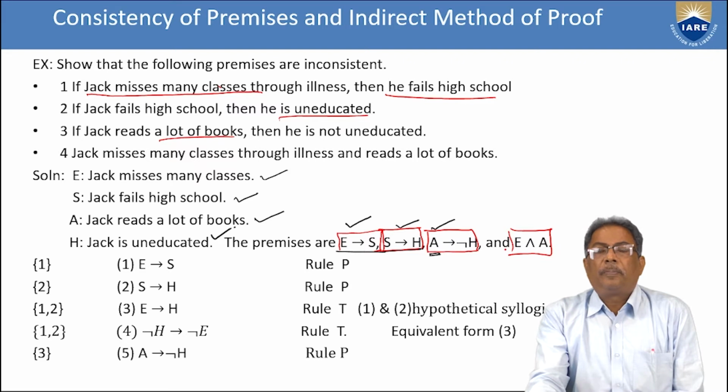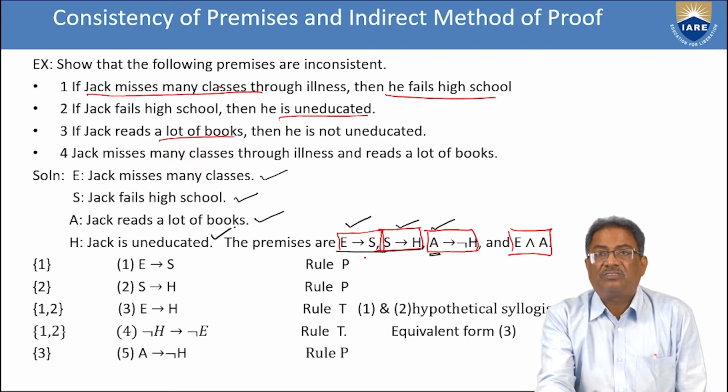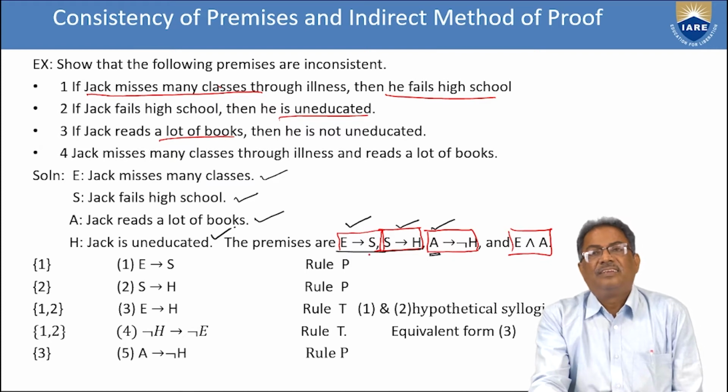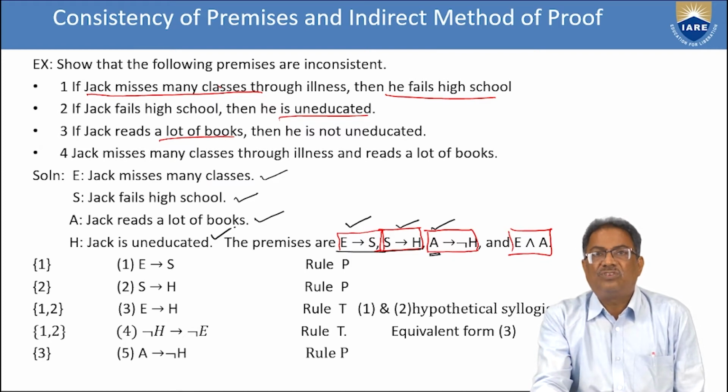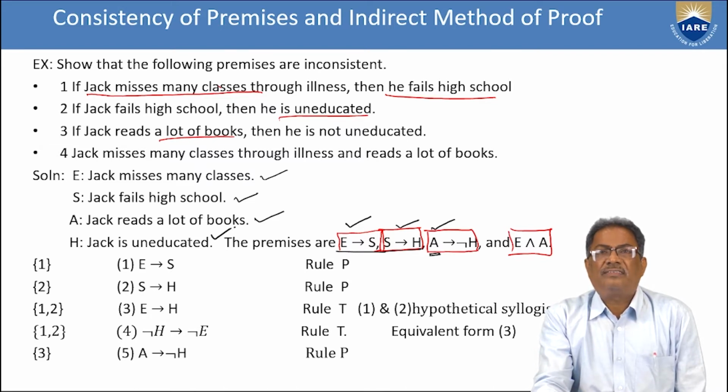So we are going to represent the given premises in symbolic form like this. If E, then S, that is, if Jack misses many classes, then he fails high school. Another one is if Jack fails high school, then H, where H is Jack is uneducated.